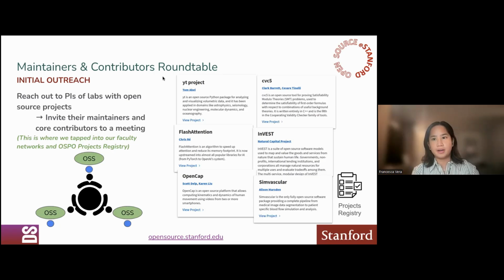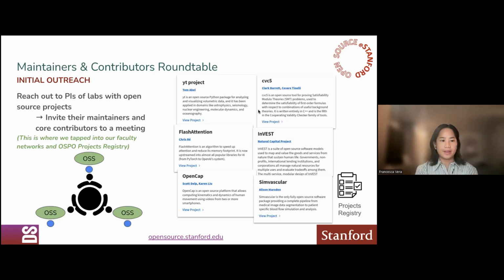And this is where having open source at Stanford situated within a faculty-led center, CORES, and also being very research-centric came in handy, because at the start, we very purposefully tapped into our faculty networks and our OSPO projects registry. You can see that I've grabbed some project cards and placed them on the right to give you a visual of what our projects registry looks like.